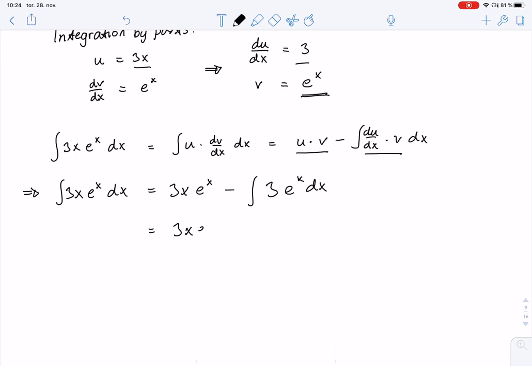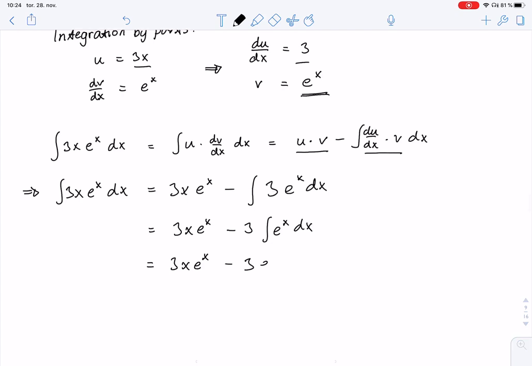So 3x e^x minus, I can put the 3 in front, the integral of e^x, which is simply e^x. And now I got rid of the last integration sign, so I need to add my integration constant. And here we have it.